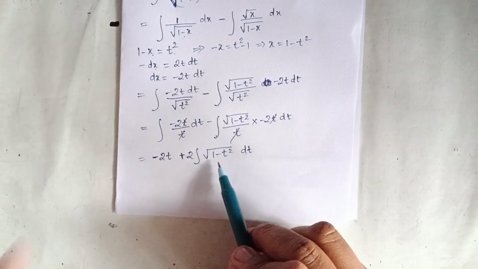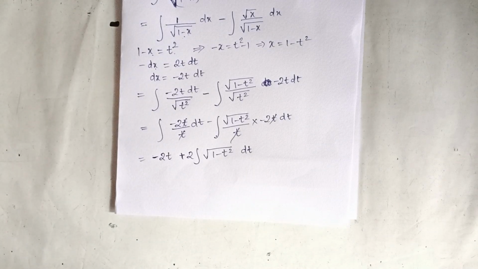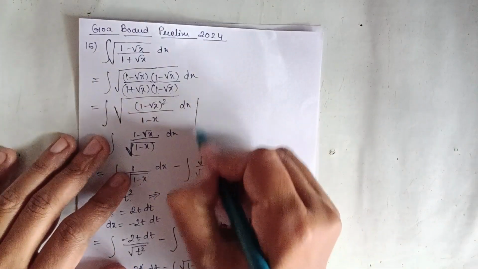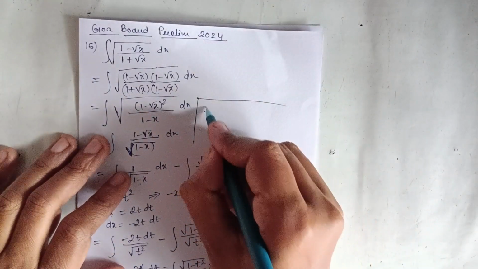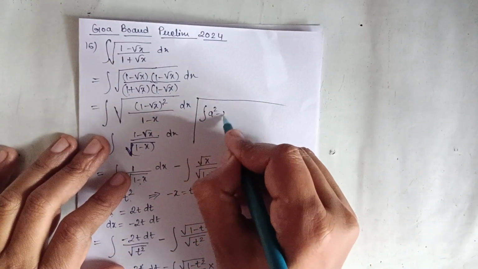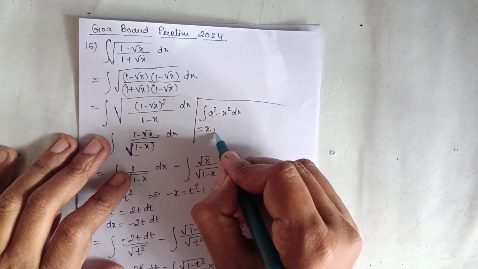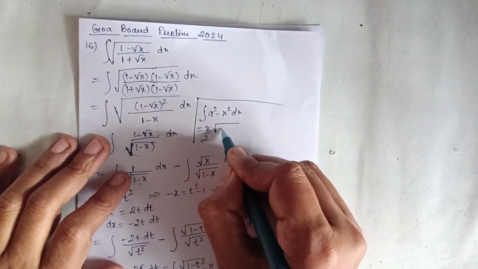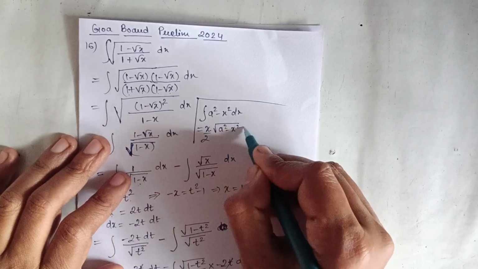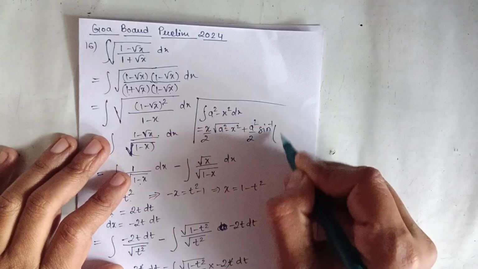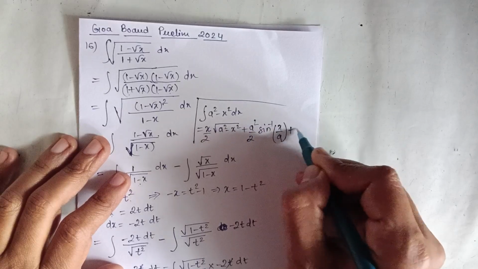Okay. Here you have to make use of the formula for the integral of root of a square minus x square. Okay, I'll write it here. The integral of root of a square minus x square is x by 2 root of a square minus x square plus a square by 2 sine inverse x by a, plus c.